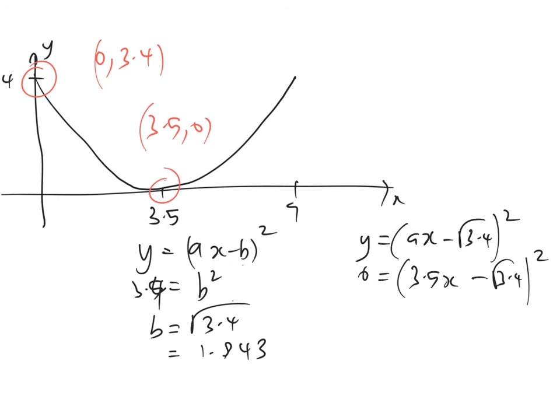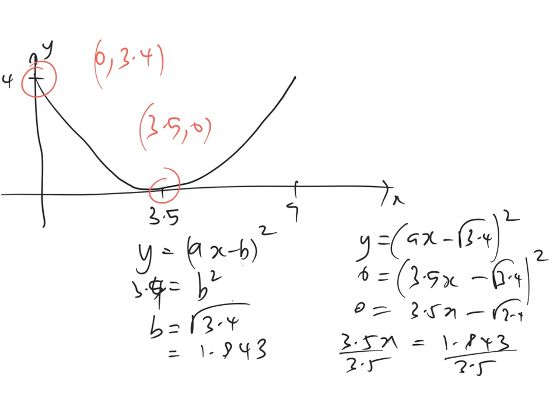Taking the square root of both sides, which effectively removes that, I still get 0 is equal to 3.5a minus the square root of 3.4. Adding the square root of 3.4 to both sides, 3.5a is equal to 1.843, dividing both sides by 3.5. Apologies there, that should be a, not x.